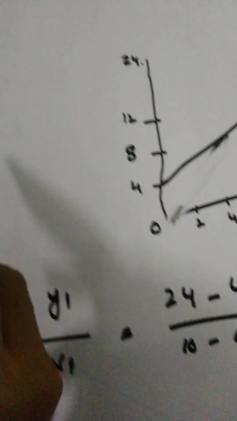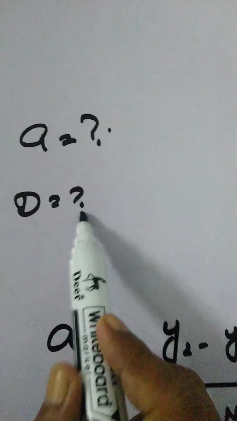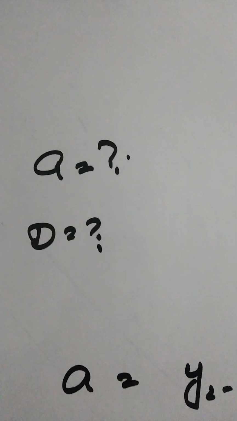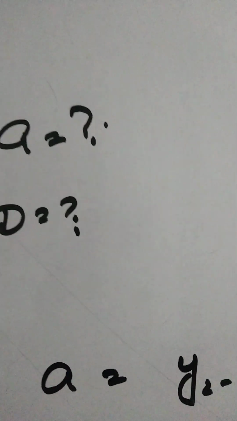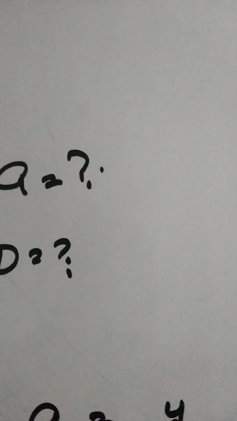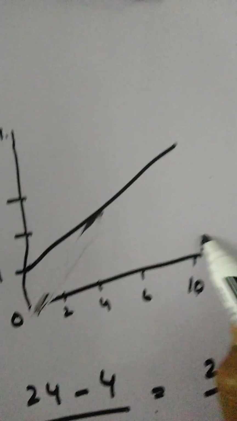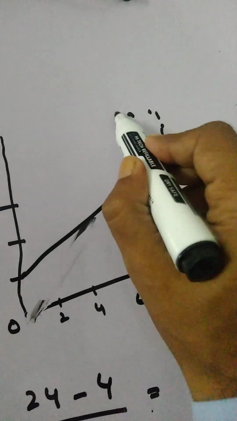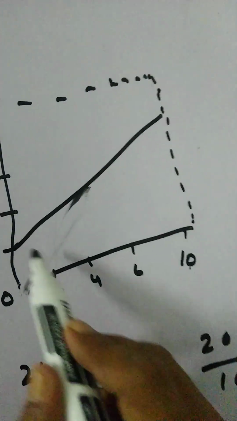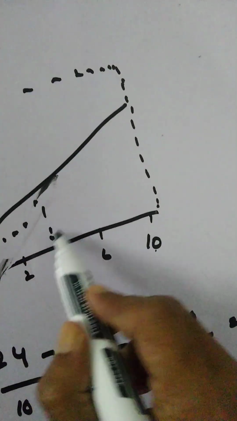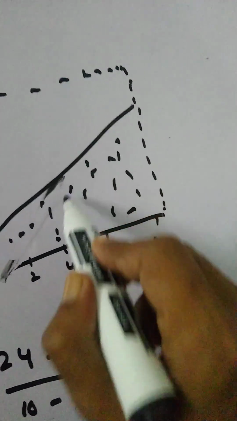After finding the acceleration, now we have to find the distance covered by the car. When we see the graph, this area is making the shape of a trapezium.